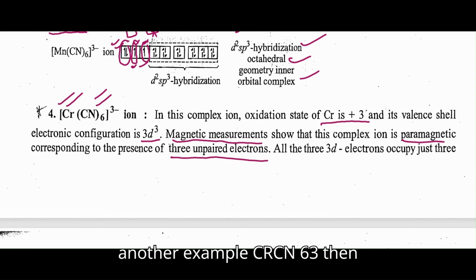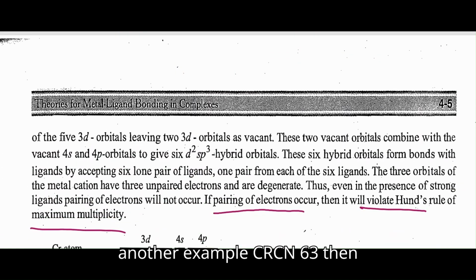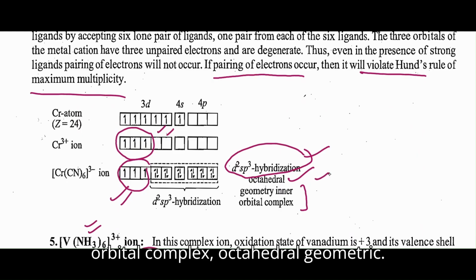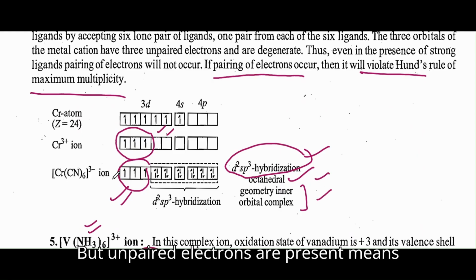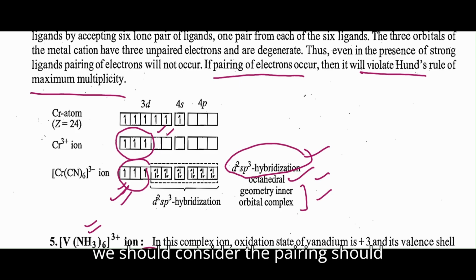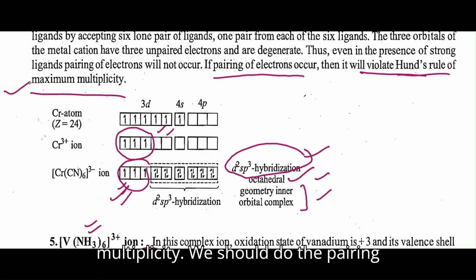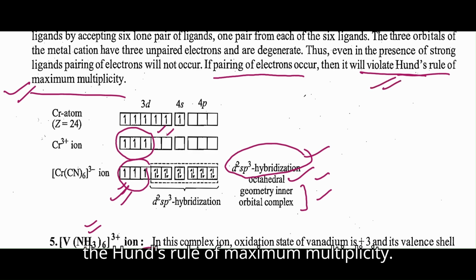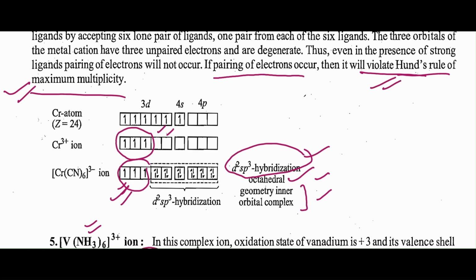In another example [Cr(CN)6]3-, this is also d2sp3 hybridization, inner orbital complex, octahedral geometry, but unpaired electrons are present. This means the pairing should be done according to Hund's rule of maximum multiplicity. We should do the pairing in such a way that it does not violate Hund's rule of maximum multiplicity.